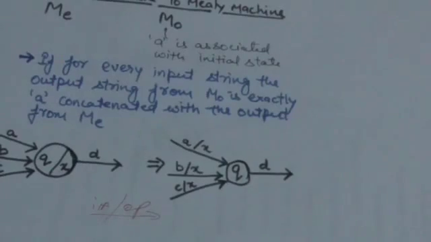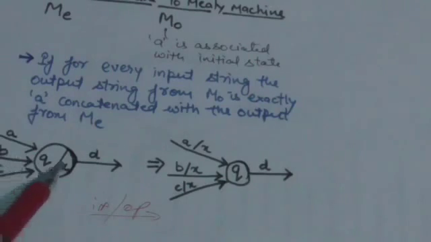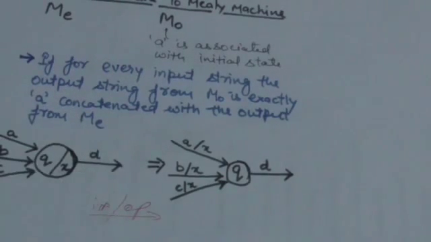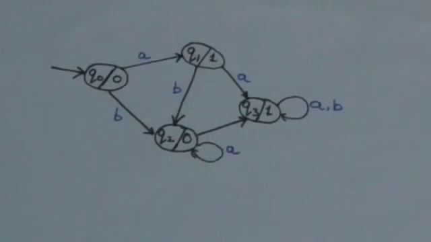So when we have to convert a Moore machine to Mealy machine, we have to transform each state of Moore machine in the same way as I have transformed this state. We have to remove the symbol which is associated with states and label the incoming edges of that state with that symbol. It would be more clear when we convert this Moore machine to Mealy machine.